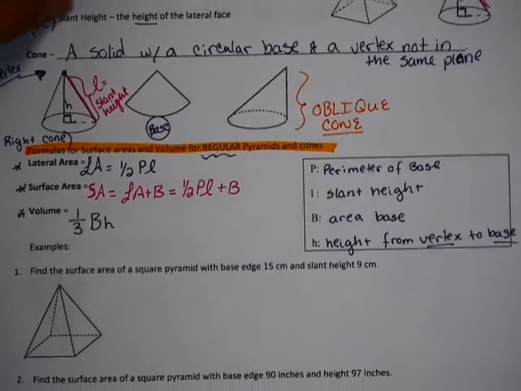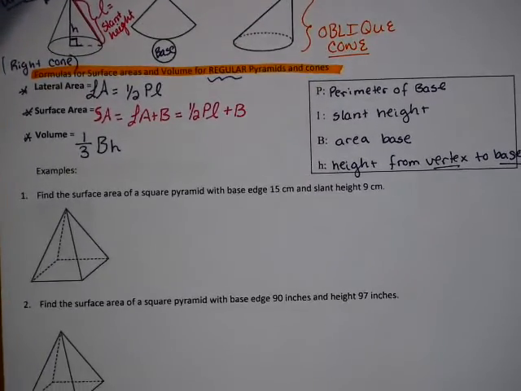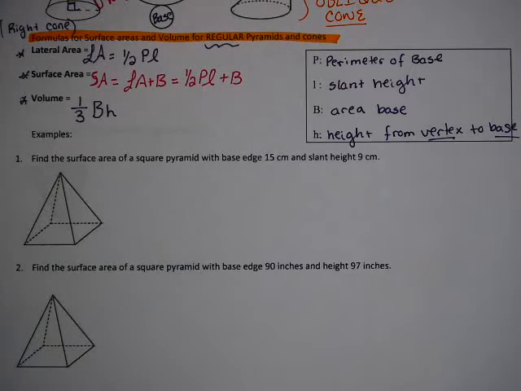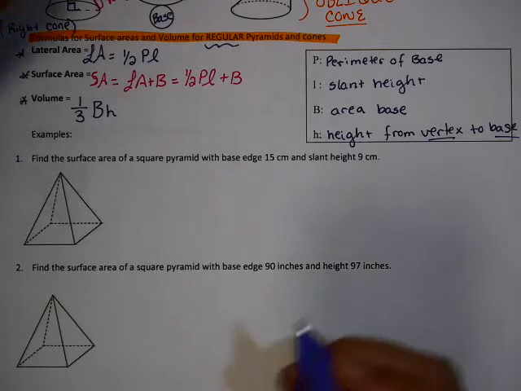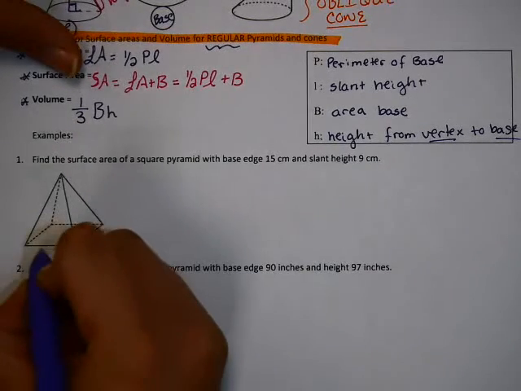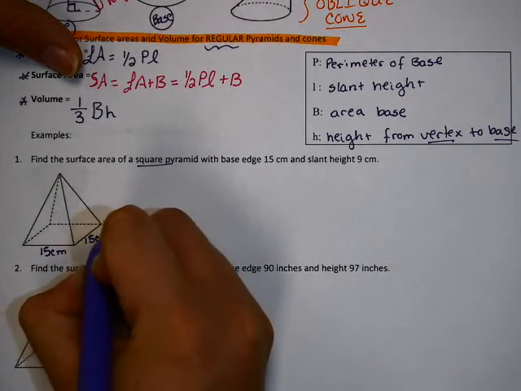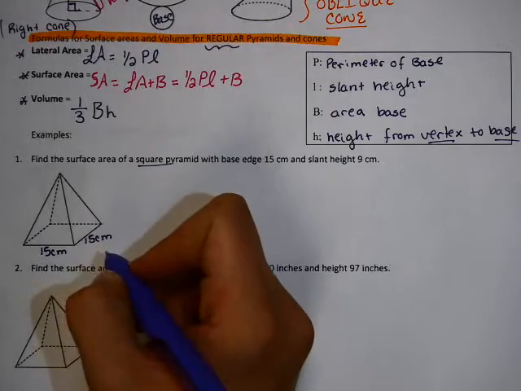Okay. All right, so let's try some examples. The first one, it says, find the surface area of a square pyramid with base edge 15 centimeters and a slant height of 9 centimeters. Okay, so let's label our picture. We have the base edge is 15 centimeters, and it's a square pyramid, so this is also 15. Okay.